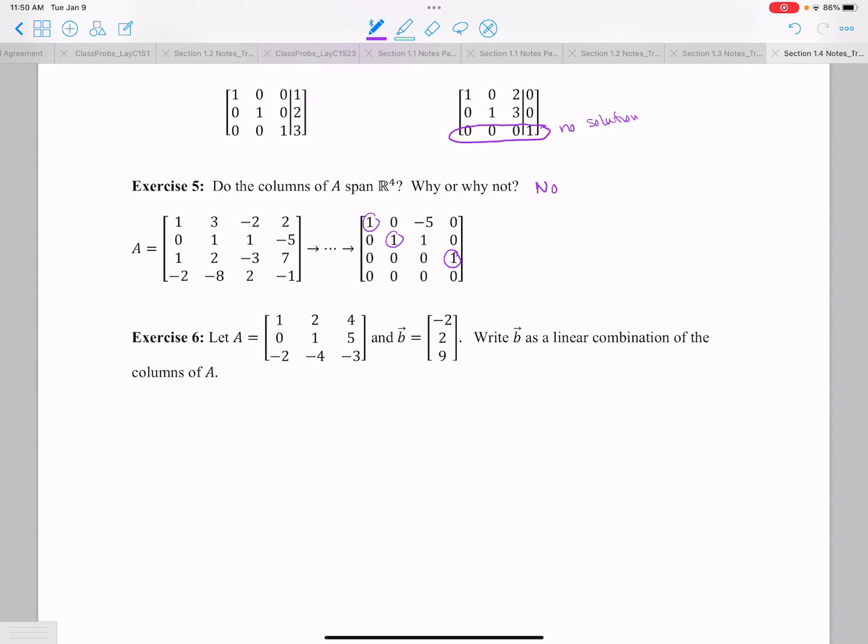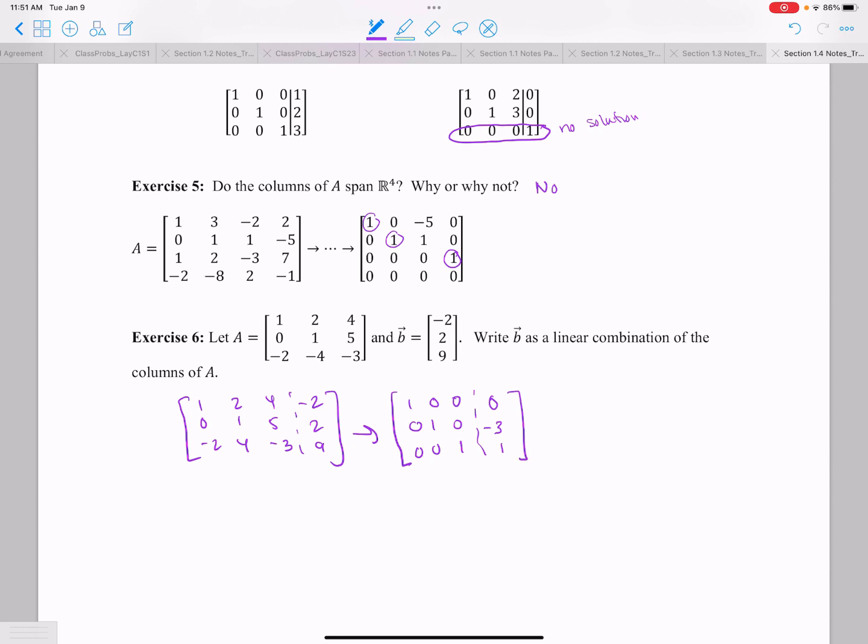Exercise 6 asks, given A and b, write b as a linear combination of the columns of A. In other words, we're trying to find our weights, or our x's. So we need to solve Ax equals b. I'm going to augment it. And when you row reduce this, we get 1, 0, 0, 0, 1, 0, 0, 0, 1, and the right-hand side is 0, negative 3, 1.